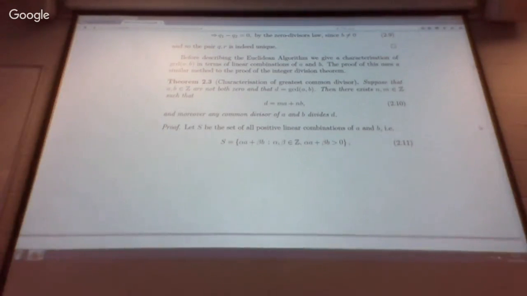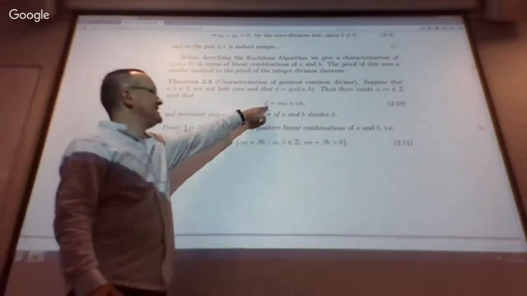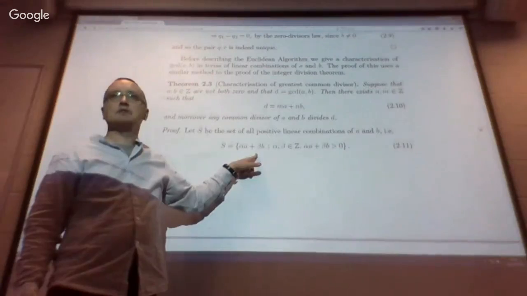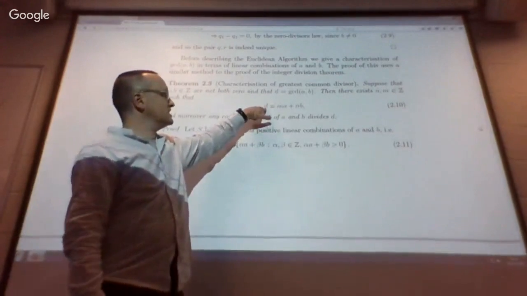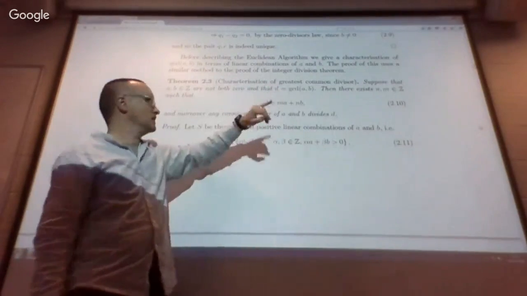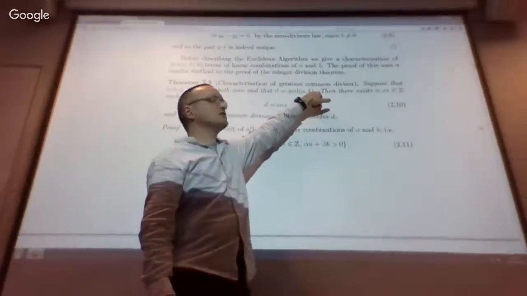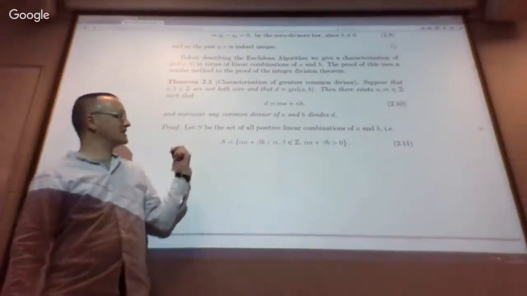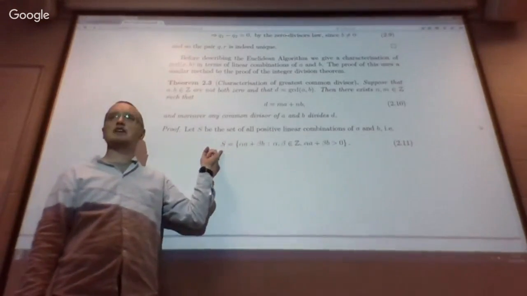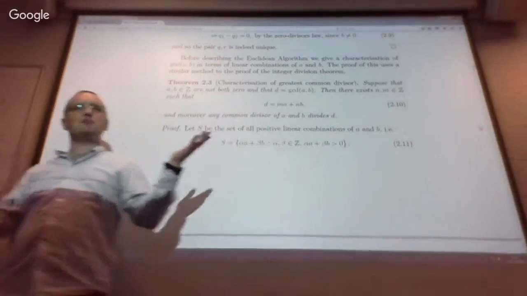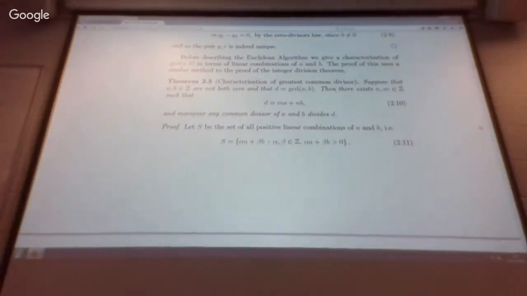So if the theorem is right, D, the greatest common divisor, should be an element of this set S. Now, D being the greatest common divisor is already special. It's a significant quantity in terms of the inputs A and B. So maybe it's a special kind of element of S. If S is just an infinite set of positive integers, what's the most obvious special element in it?